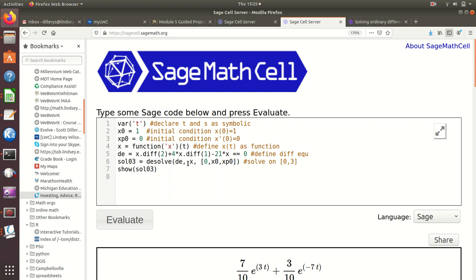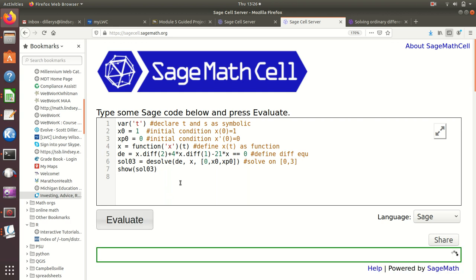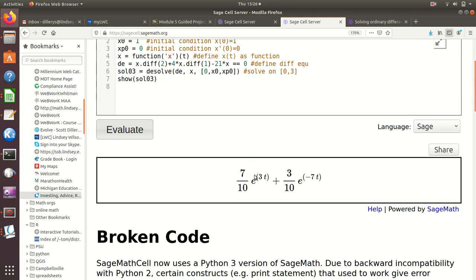I take that differential equation, the dependent variable is x, and we have these initial conditions, 0 for the t value and so forth. Then I evaluate that and see the answer, and that looks familiar.